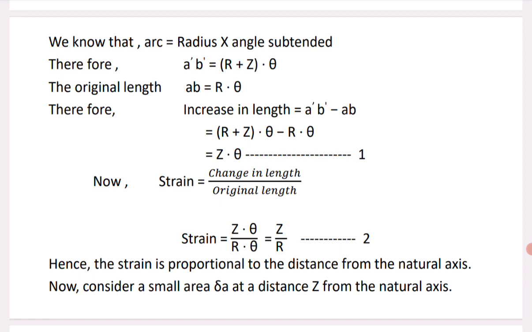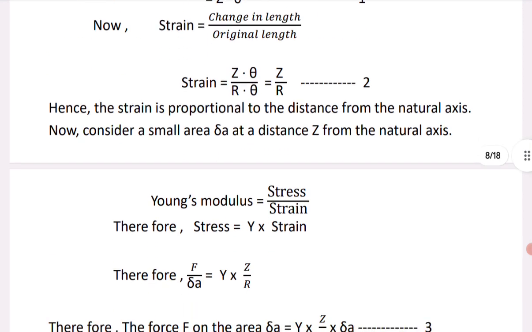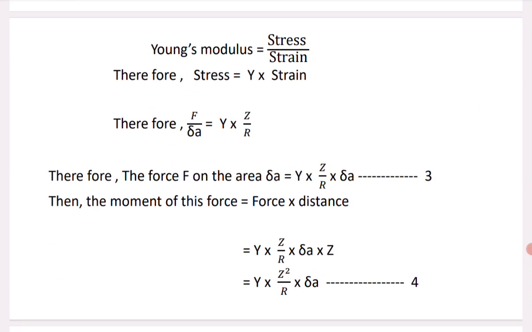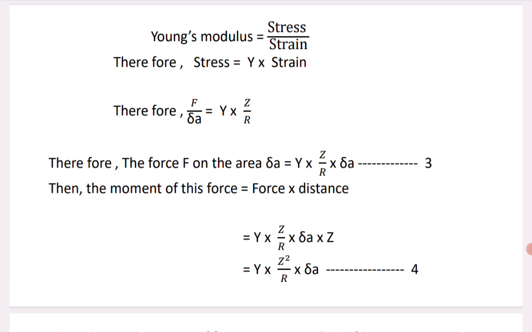That means as we move away from the neutral surface or neutral axis, the strain goes on increasing. Now consider a small area delta A at a distance Z from the neutral axis. By the basic definition, we know that Young's modulus is equal to stress by strain.